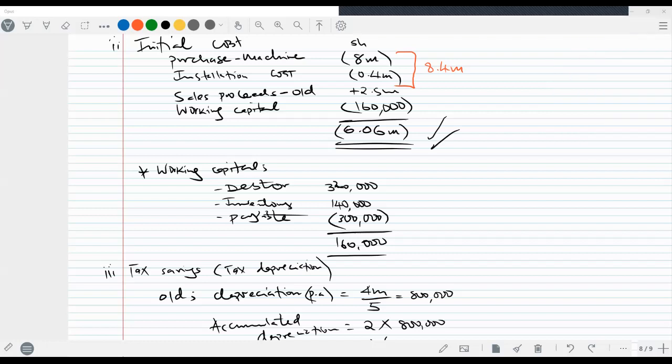I presuppose that you have gone through the question. You've been asked to get the NPV. Number 2 asks us to get the IRR, which we shall discuss right after you're done with the NPV bit.